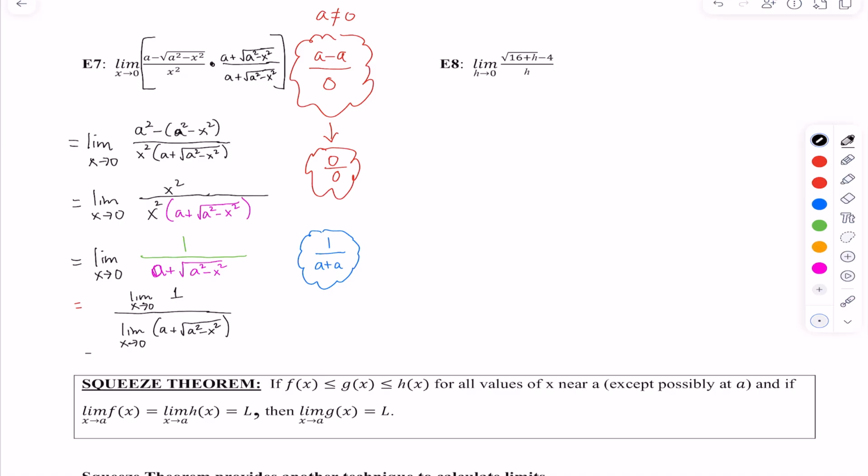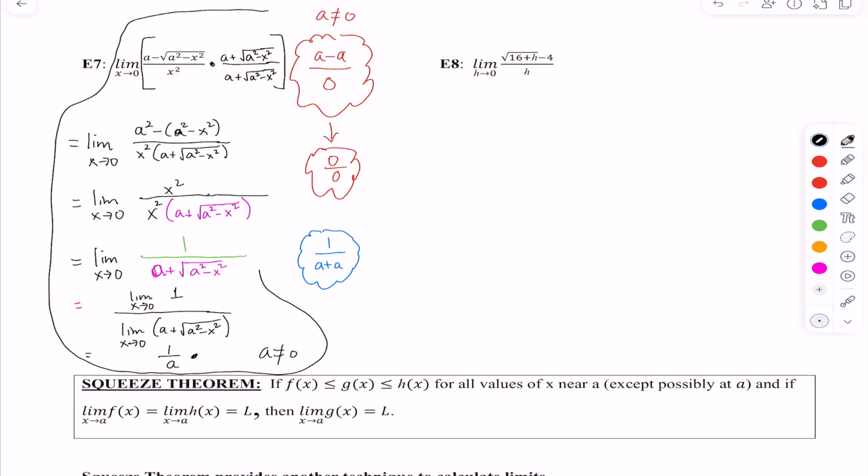And notice we finally get the expression 1 over a, as long as a is not 0. This is true. So the evaluation here is a little bit more involved. Make sure you're able to write all these steps, know exactly when to write LIM, and know exactly when not to write LIM. That way you get practice of this technical writing involving limits.